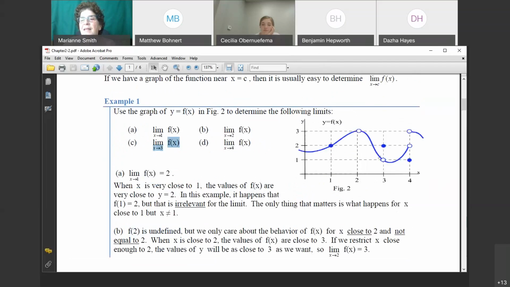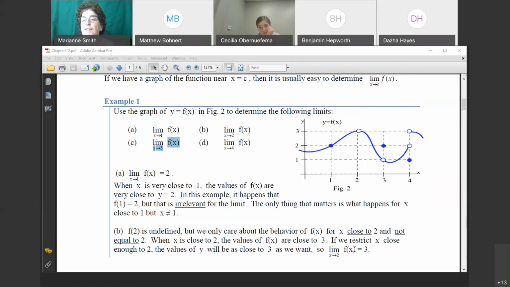The limit as x approaches 3. I'm going to let you do this one, and I'll bring up the chat. What is the limit as x approaches 3? Okay, we're getting some values.